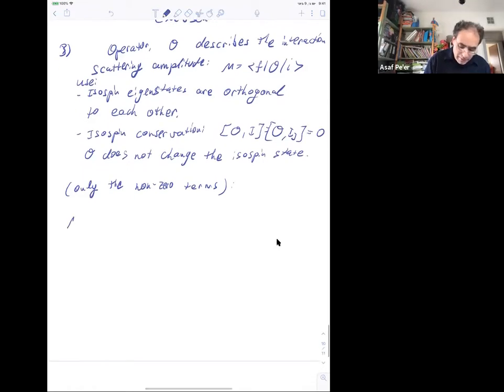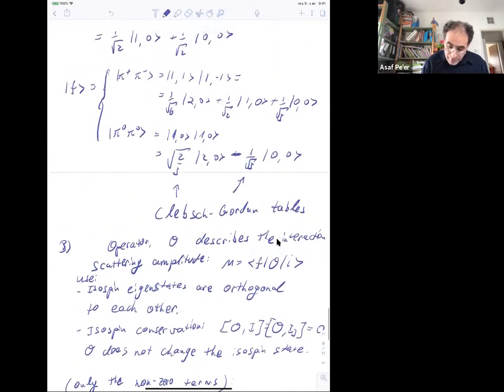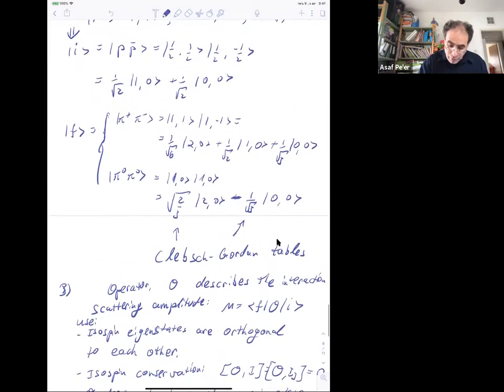We have that M plus minus is the pi plus pi minus, O, P P-bar. So again, for P P-bar, I have a 1, 0 and a 0, 0. So the 2, 0 would give me a 0. I just have the 1, 0 and the 0, 0. So here I have 1 over square root of 2 times 1 over square root of 2. That's 1/2. And here I have 1 over square root of 3 times 1 over square root of 2.